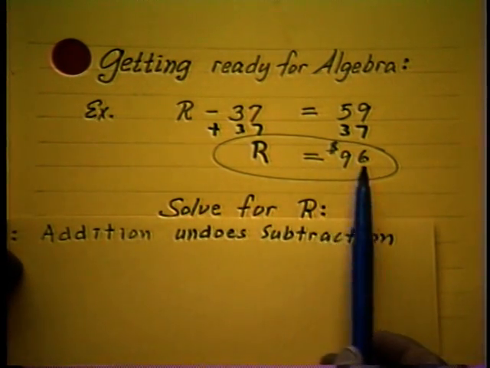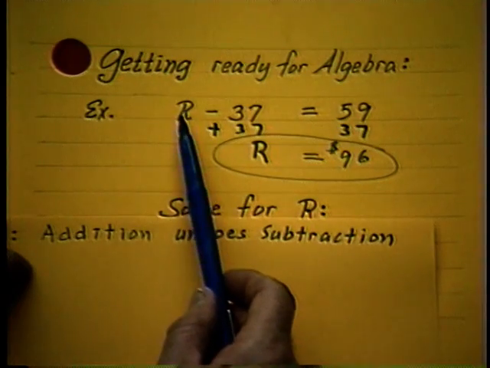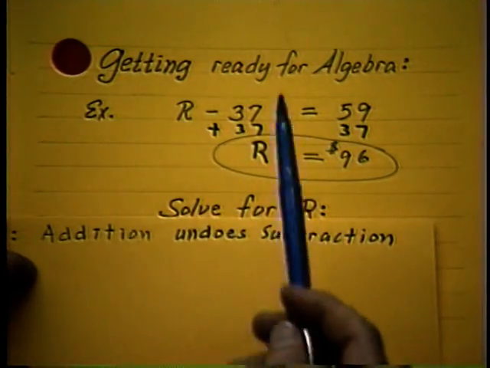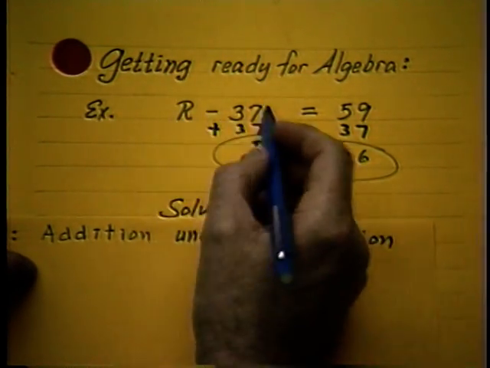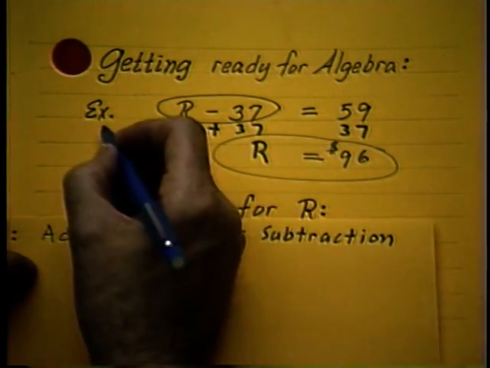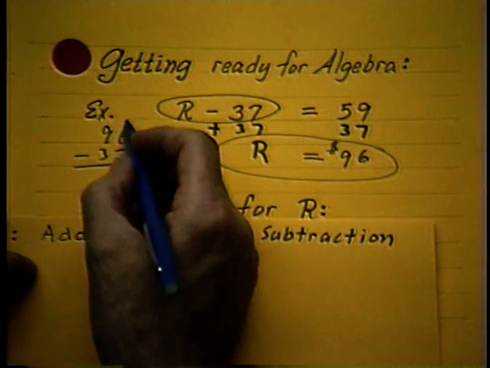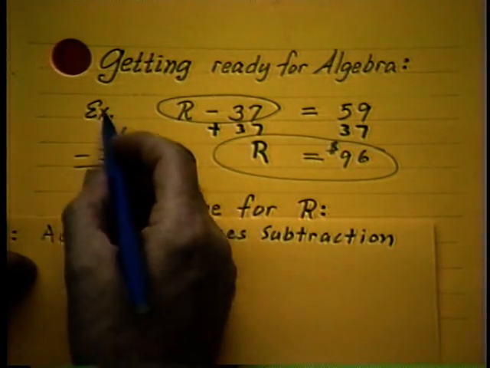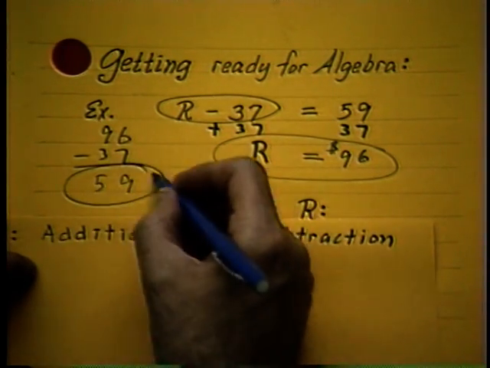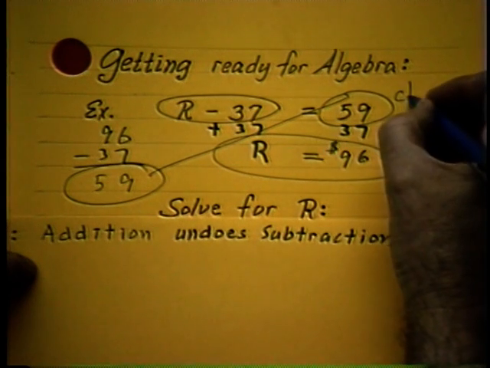So $96 is the amount of the R originally. Now to check it, we would simply do what this says. 96, subtract 37, 7 from 16 is 9, 3 from 8 is 5, and it checks.